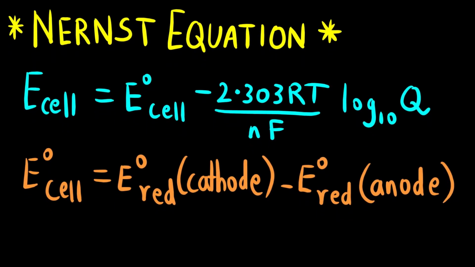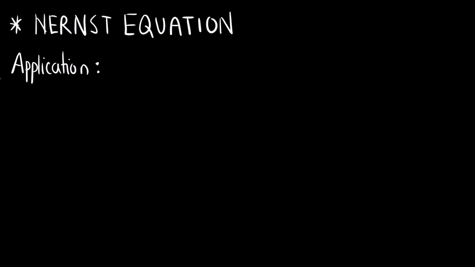So in today's video, we are going to learn what the Nernst equation is, and we will also apply it using an example. So let us first understand what the Nernst equation is. The Nernst equation is used to find the cell potential. What is E cell? E cell is the cell potential of any given cell at a particular temperature and pressure.